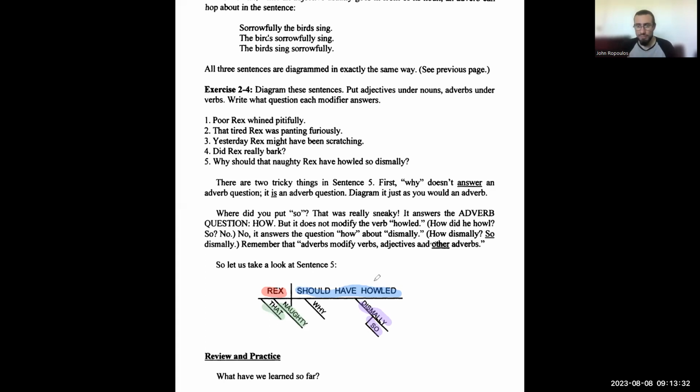It's a question. Is it modifying something, right? It is an adverb question, so take it as an adverb. Put it under the verb. Why? It's going to go under should have howled. In effect, it is modifying. Okay, so that's the important note I wanted to mention. So when you do 2-5, make sure you pay attention to these, and use this as a reference.